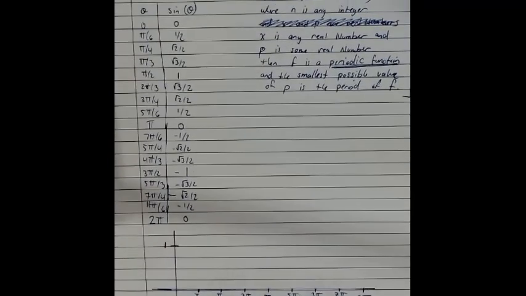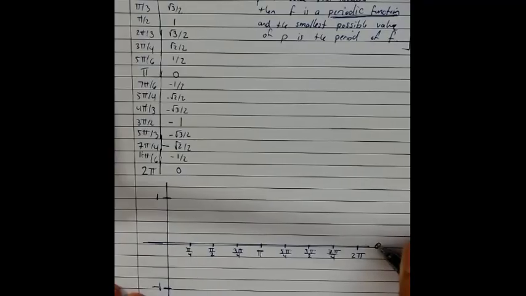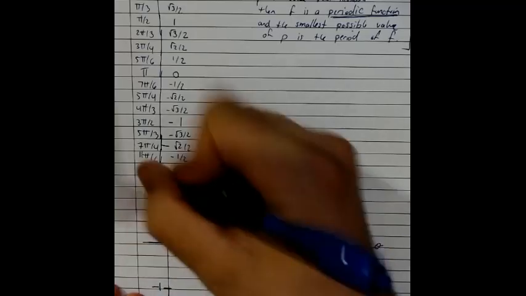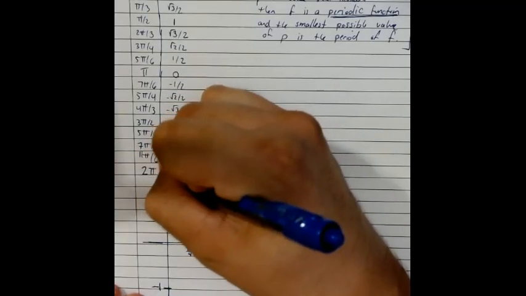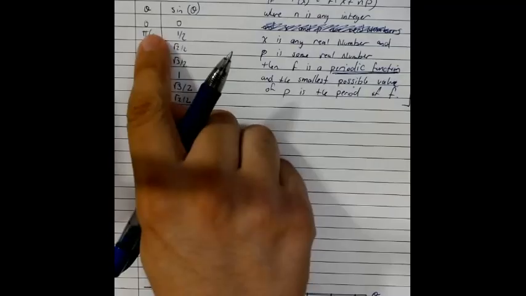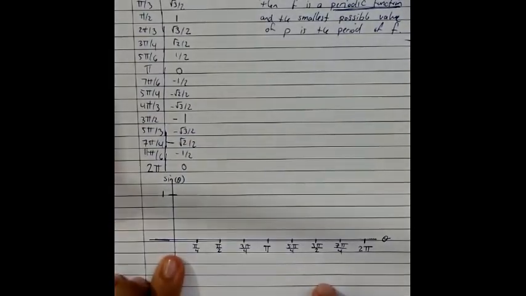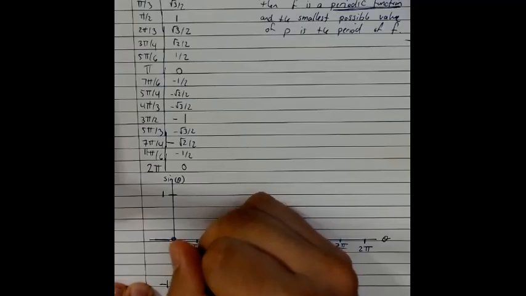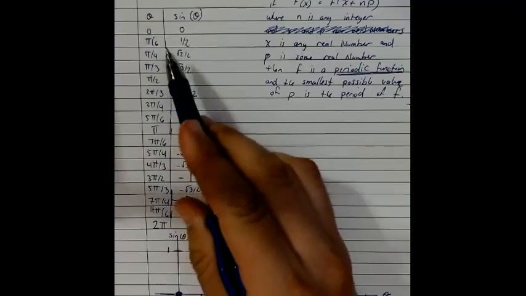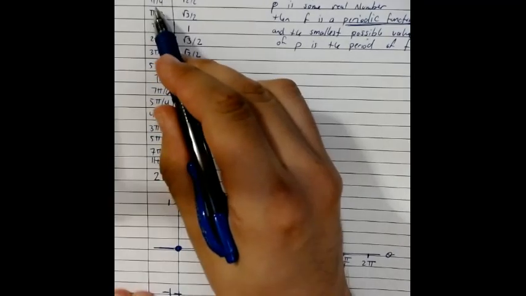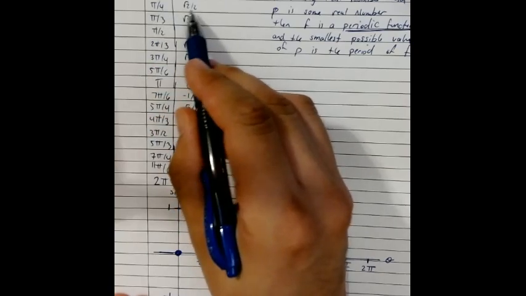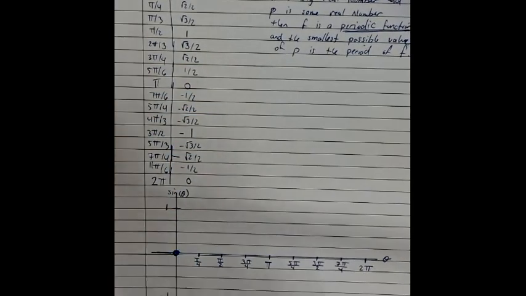All right, so let's go ahead and graph a few of these points. Here this is going to be theta, my angle, and again I'm doing it in radians, and this is going to be the sine of theta. If theta is equal to 0, sine of theta is also equal to 0. So that's a simple enough point, 0, comma 0. I'm starting at the origin. Now if theta is pi over 4, sine of theta is root 2 over 2.